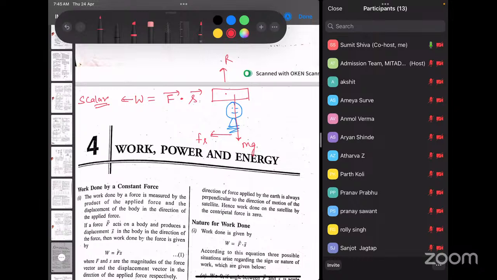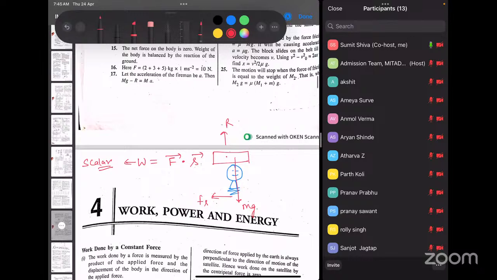I have to mention due to which force I want to calculate the work done. For example, a question may be like this: if there is a person who is moving on a straight road and he has a box on his head, find out the work done by the force of gravity on the box. So in that case, we have a box which is moving in this direction.